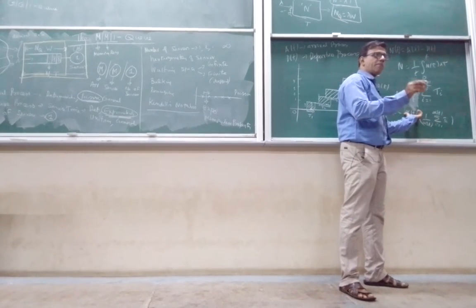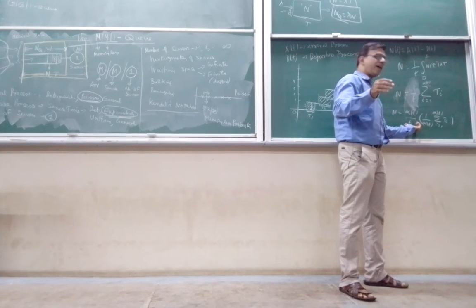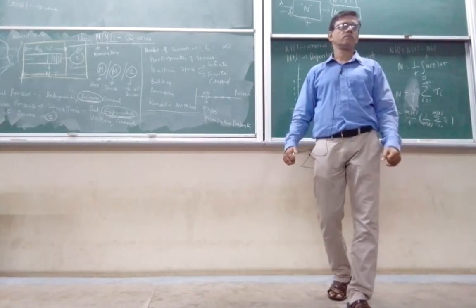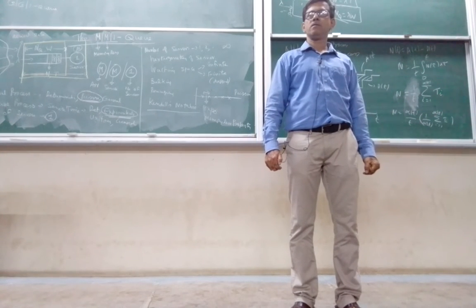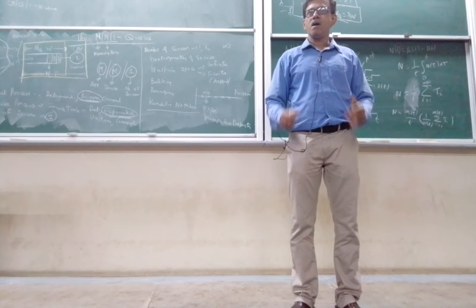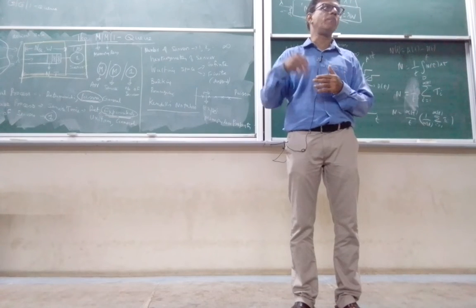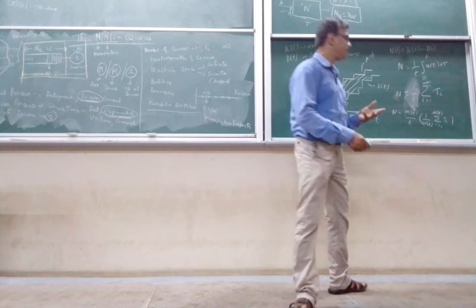Alpha t is the number of customers who have arrived till time t, and you are dividing it by t. That is the arrival rate lambda.